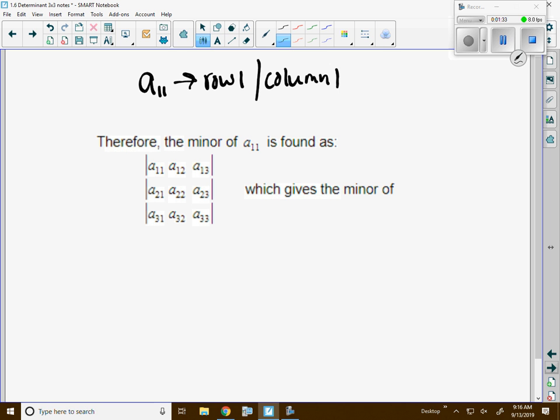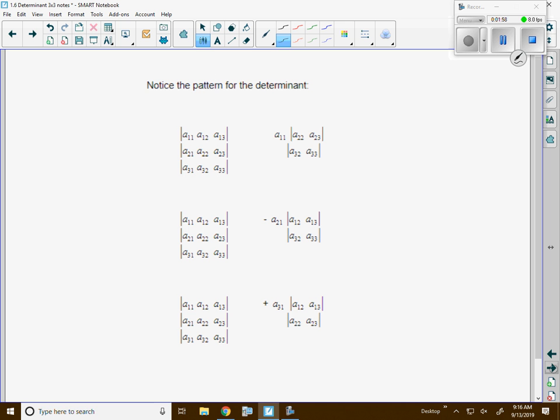The first number is the row, the second number is the column. So if it's A12, it's row 1, column 2. A22 would be row 2, column 2. You tracking with me? Yes. Okay. So that's how we name those. You'll probably see that in the future.